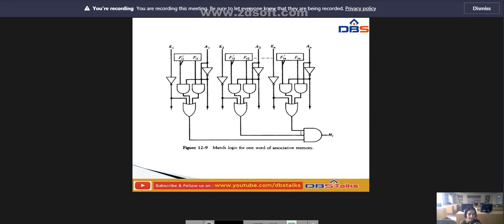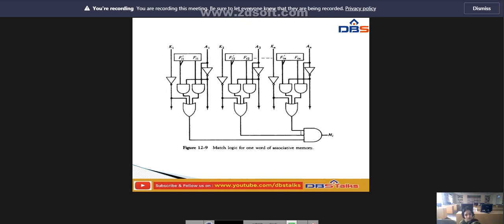If the tag bit is cleared to 0, it is used to specify an empty location. This is called the write operation. Up to here we discussed the write and read operations in the match logic.